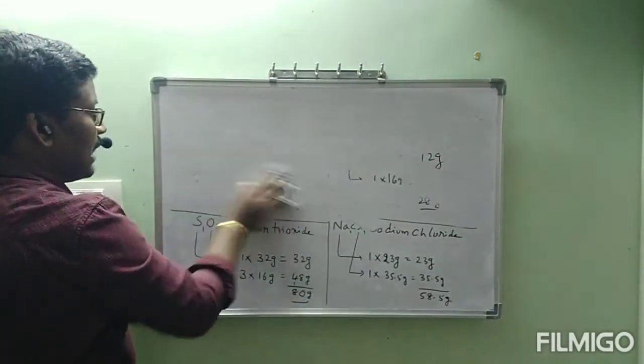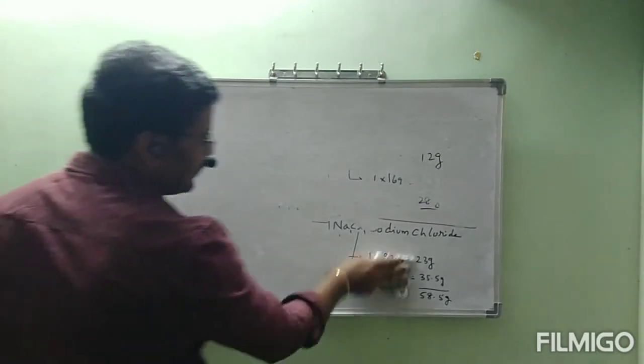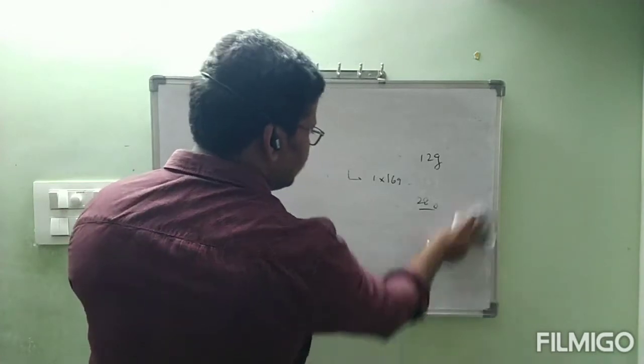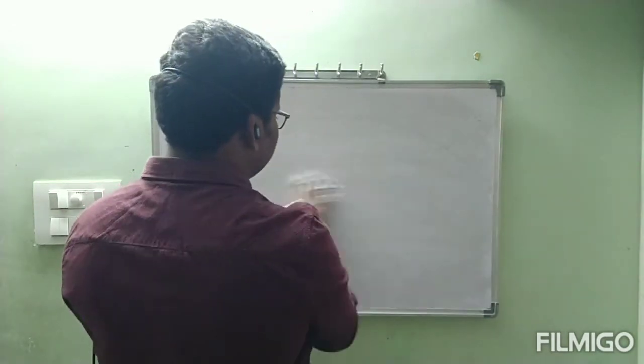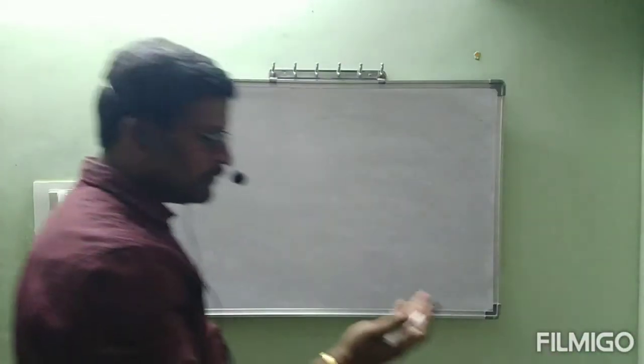Now I will show at a time by writing molecular weight and gram molecular weight, so the difference we can easily understand. Let us see. Start with any one example.